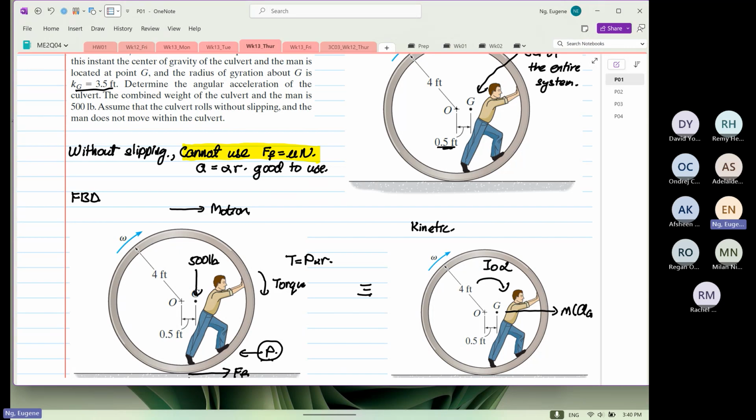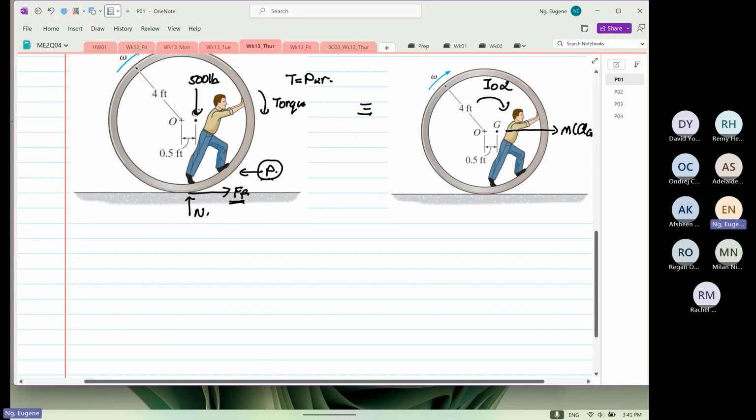Are we clear? There is still friction, but we cannot use Ff equal to mu N. However, we can use acceleration is equal to alpha r. So that is the good news.